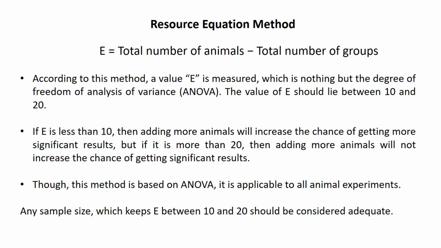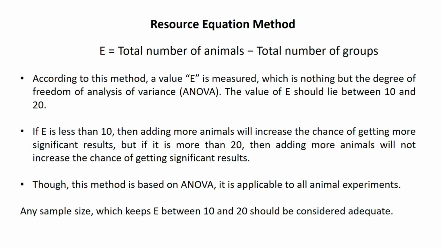The condition here is that whatever number of animals you are going to take for your study, E should lie between 10 to 20. If E is less than 10, then adding more animals will increase the chances of getting a significant result. But if it is more than 20, then adding more animals will not increase the chances of getting significant results.